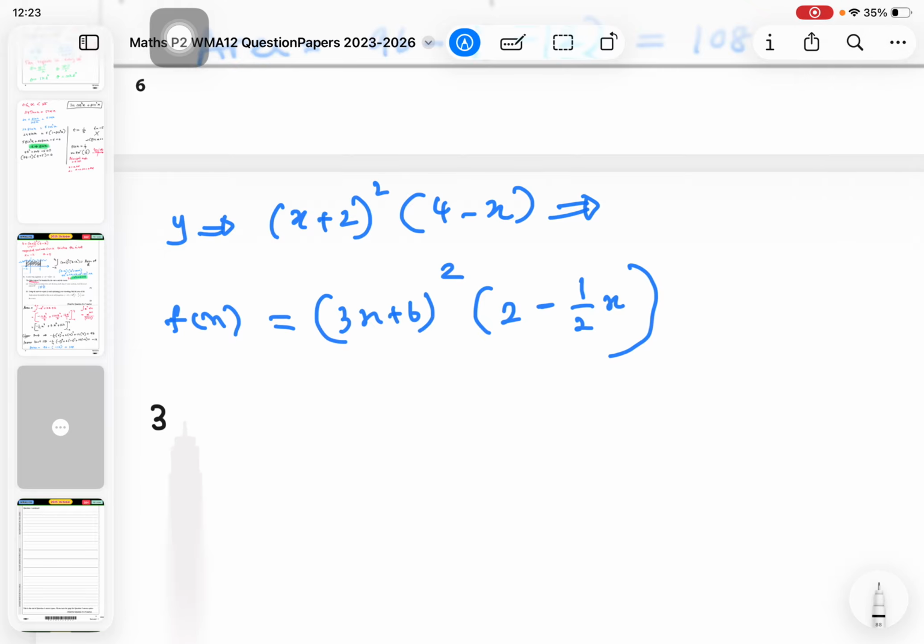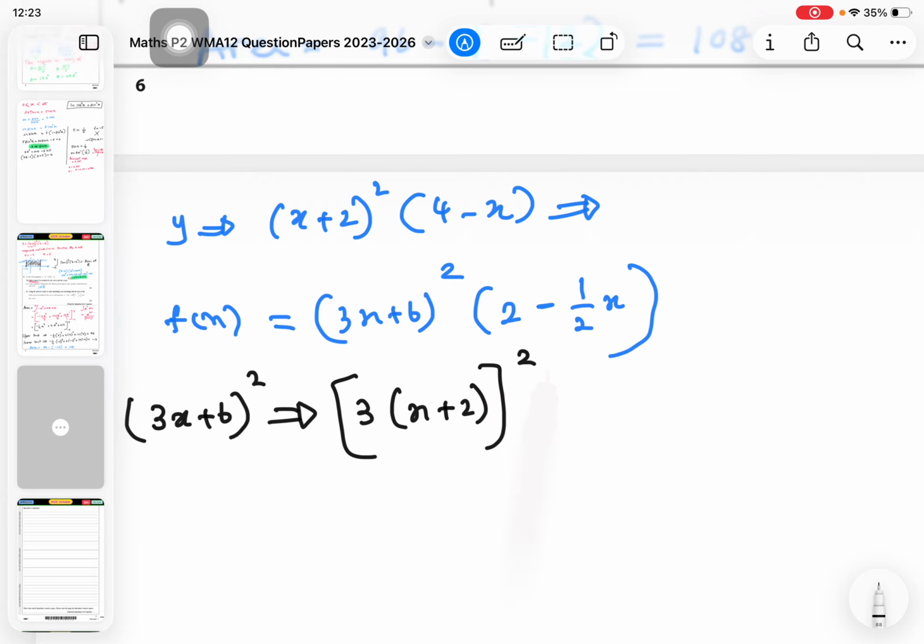If I take (3x + 6)², I take the 3 outside, so it's 3² times (x + 2)², which is 9(x + 2)².